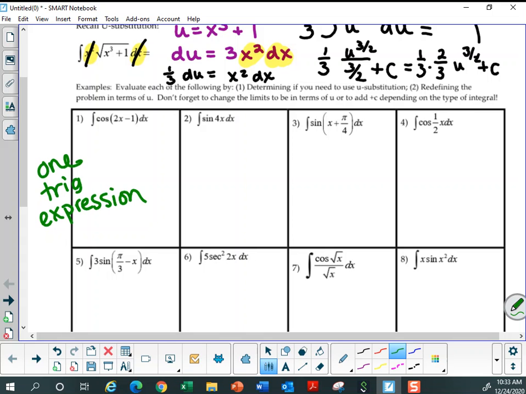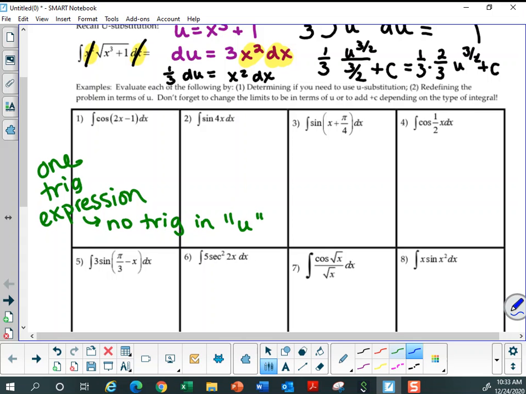If you look at problems 1 through 8, you can see on all of them I've got just a single trig expression. Cosine, sine, I got a secant squared in number 6. But if all we have is one trig expression, that means there's no way to have any trig in our u.